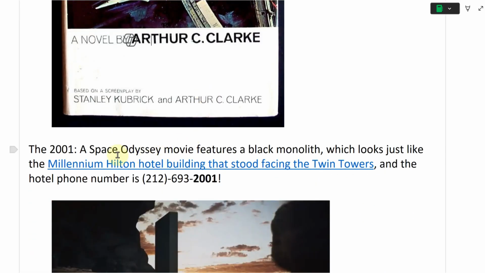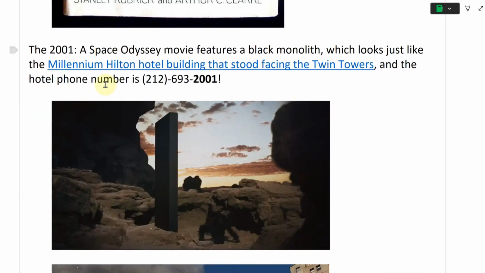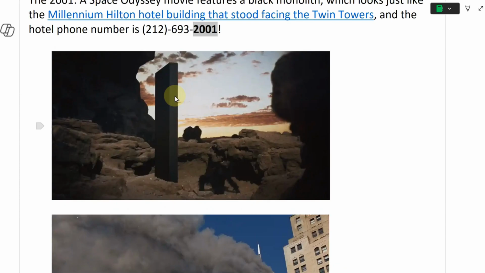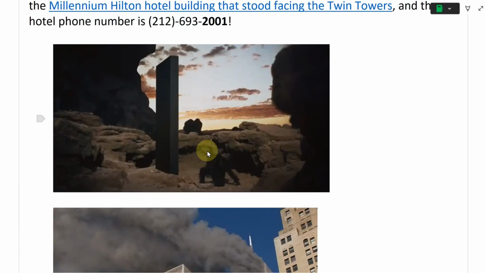Now, some interesting info on it. The 2001: A Space Odyssey movie features a black monolith, which looks just like the Millennium Hilton Hotel building that stood facing the Twin Towers, and the hotel phone number is 212-693-2001. So there's a black monolith there, and you have the monkeys, or gorillas.